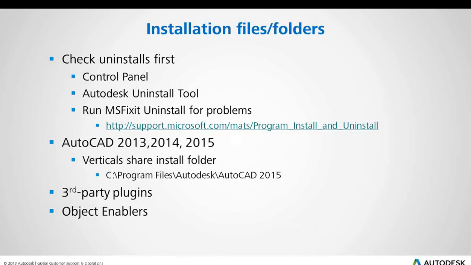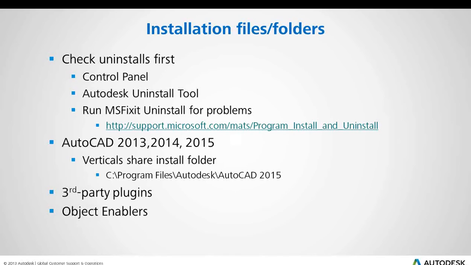And moving on here, as far as the install folders, again, these are under C program files for 2013, 2014, and 2015 versions of, in this case, AutoCAD, but really pretty much all Autodesk software will be under C program files, Autodesk, and then the name of the software.